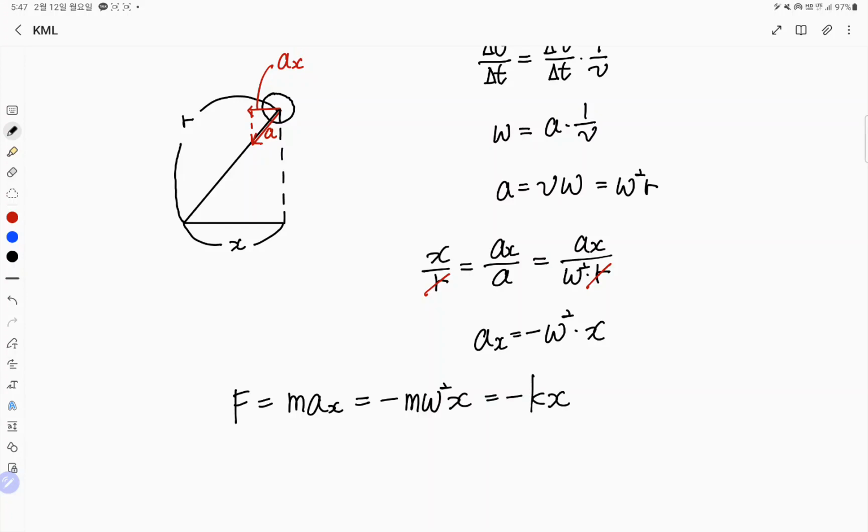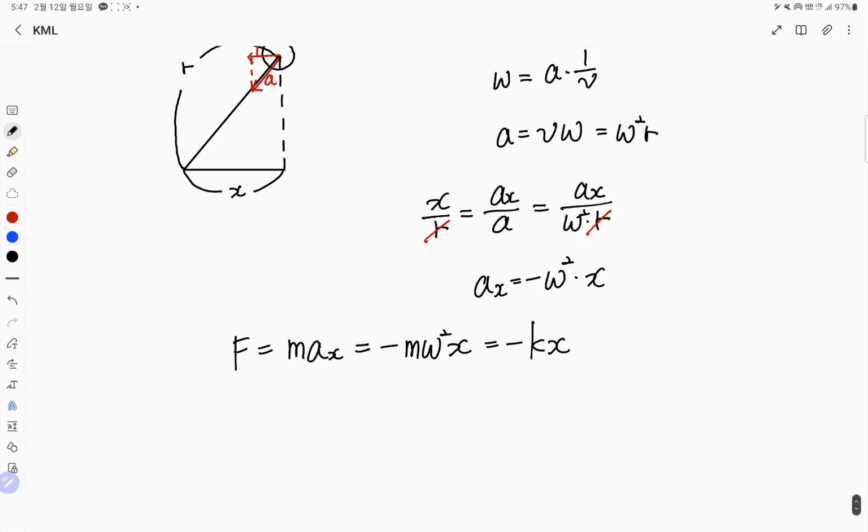And because that's proportional to the displacement and the direction is opposite, that makes simple harmonic motion. In this case, the constant of proportionality k is equal to mass times omega squared.